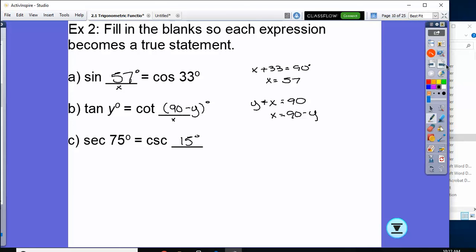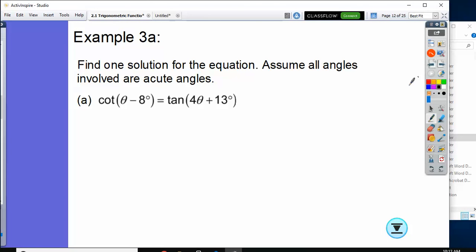Do one more example using this. So I want a solution to this. I want to solve for theta. Cotangent of theta minus 8 degrees equals tangent of 4 theta plus 13. If I want theta, what's true about tangent and cotangent?